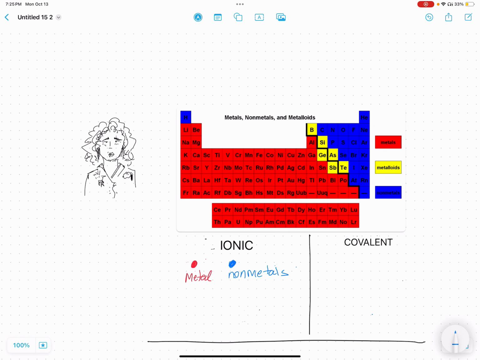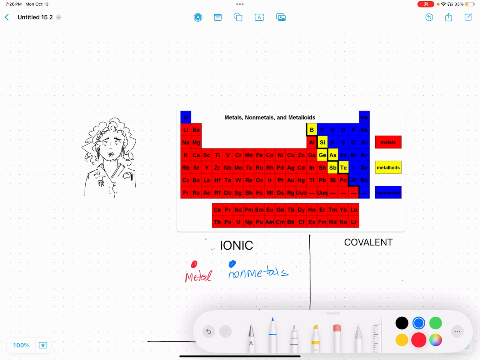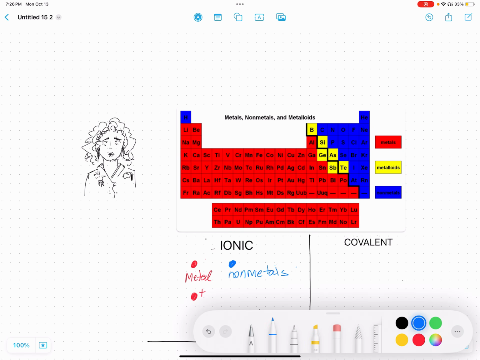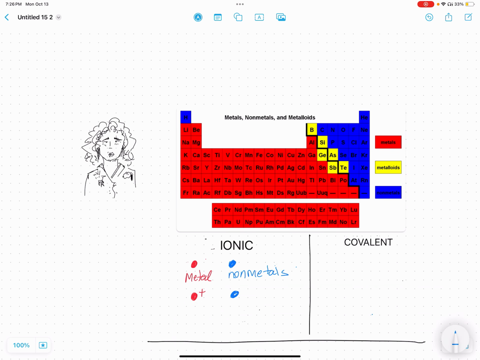And what happens here is the electron from the metal gets transferred to the non-metal, so it ends up looking like this. One has a positive charge, the other one has a negative charge, and they attract, similar to a magnet.